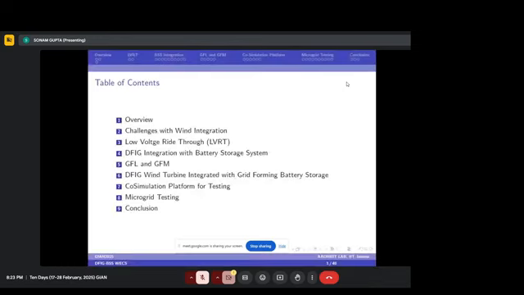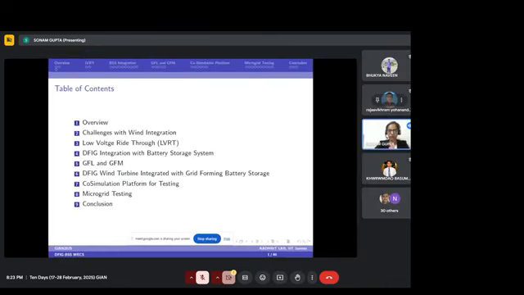The main table of contents of this talk is a basic overview of wind globally, and the challenges with wind integration, the different grid codes, especially low voltage ride through, and this DFIG integration with the battery storage system.